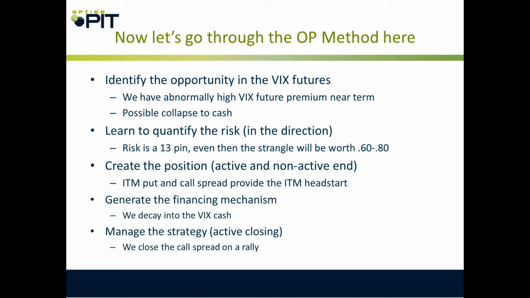Our delta becomes our trade. And then finally, we just close the call spread on a rally. Like I'm saying, if you're trading 15 VIX all of a sudden on Friday, close the call spread. Take the dollars you have and your puts for a small credit, and then see what you get after that. Okay?